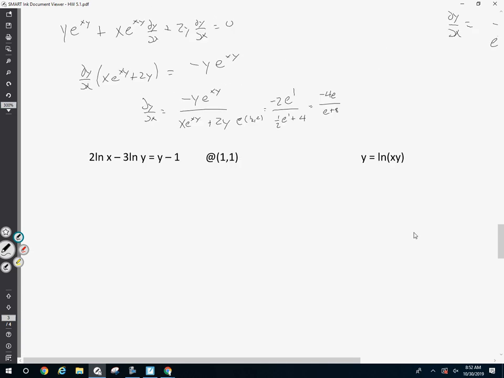All right, let's see. We got logs now. Let's just talk about really quickly the derivative of log y. Derivative of log is 1 over, so I'd have 1 over y dy dx. Some of these derivatives are actually nice and easy to simplify. Derivative of 3 log y would be 3 over y times dy dx. This would equal dy dx. Again, it just so happens that it might be easier to move things to the right side.